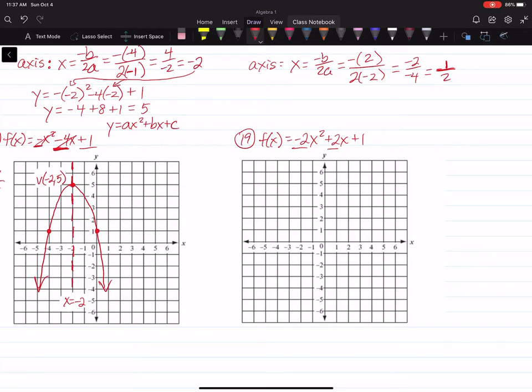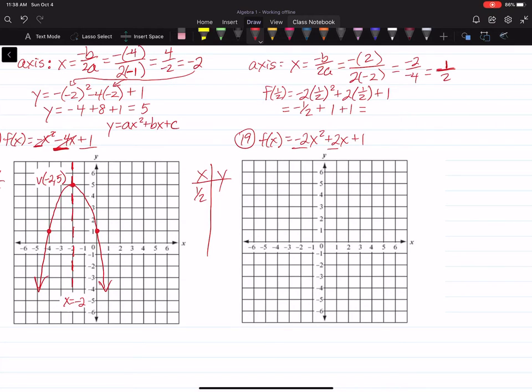So for my table, I'm going to do 1/2 first. Plug that in. This should be fun. So f of 1/2 is negative 2 times 1/2 squared plus 2 times 1/2 plus 1. Put this in your calculator, you'll get 1/4, so that's negative 1/2 plus 1 plus 1.